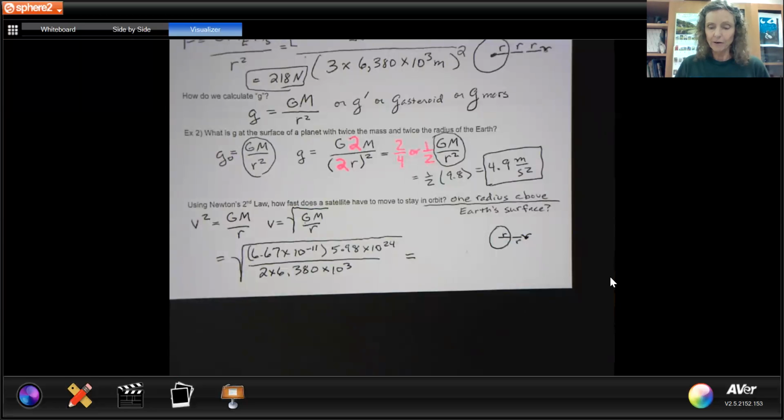You have to type really carefully. And remember, you cannot use the caret feature to do exponents on most calculators. It just will malfunction when the numbers are this big.